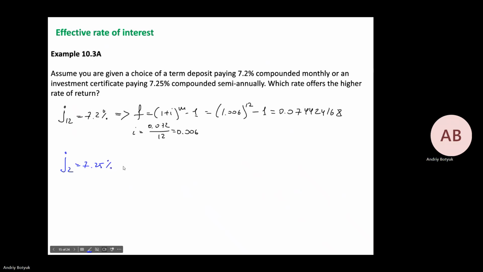So let's see what happens for J2, 7.25%. So F is 1 plus i to the power m, minus 1. So i, in this case, is 0.0725 over 2, which is 0.03625. And of course, we don't round i here either.